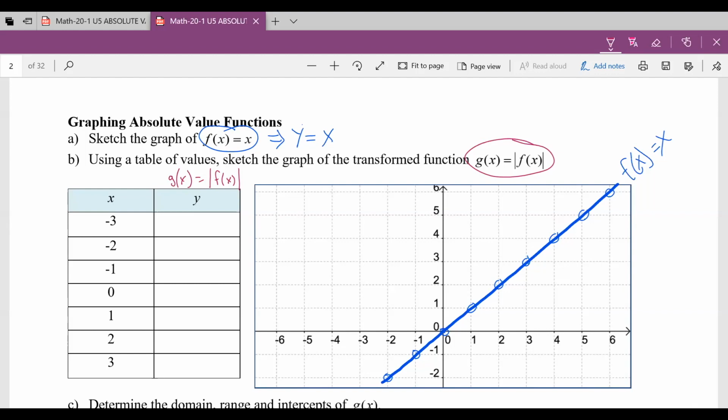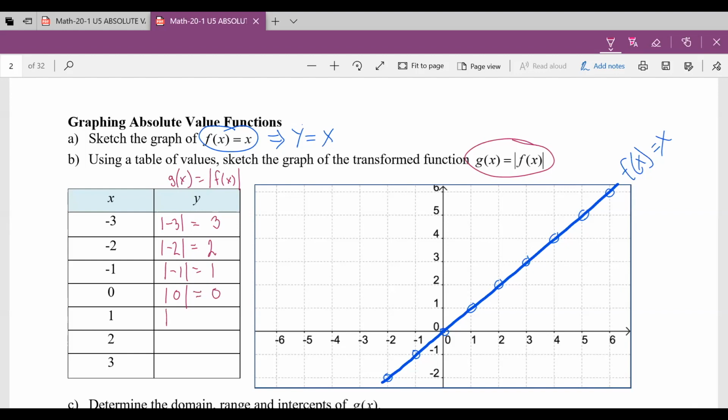What I mean by that is if x equals -3, the absolute value of -3 is, according to the rule of absolute values, stripping away the negative sign, 3. Likewise, the absolute value of -2 is going to be 2. The absolute value of -1 is going to be 1. The absolute value of 0 is interesting. Well, it has no negative sign, so it's not going to change. The absolute value of 0 is, in fact, and will remain 0.